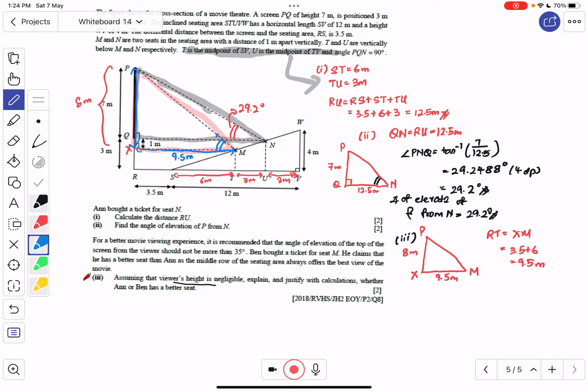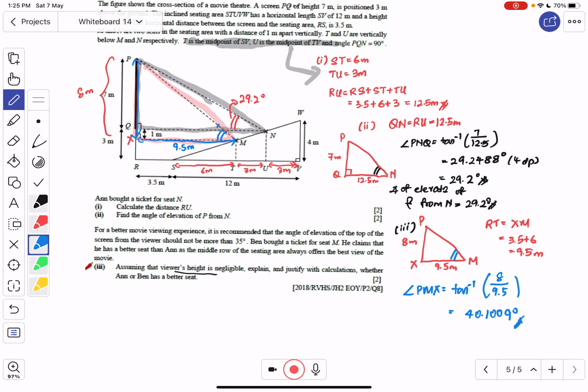Now let's look at this angle, PMX. Angle PMX would just be tangent inverse of 8 over 9.5, opposite over adjacent, which gives us about 40.1009 degrees. You can see that this angle is more than 35 degrees, which tells you that this seat here is not ideal, so it's not a better movie experience.